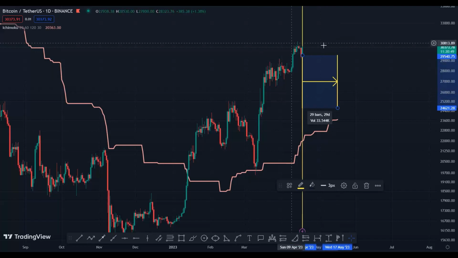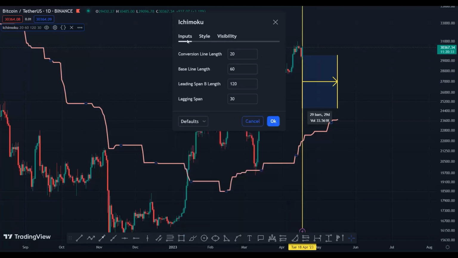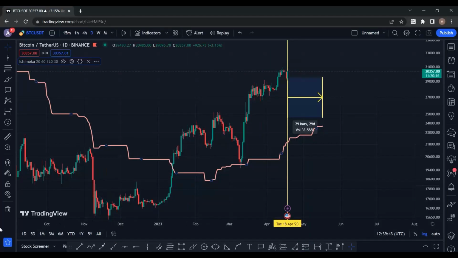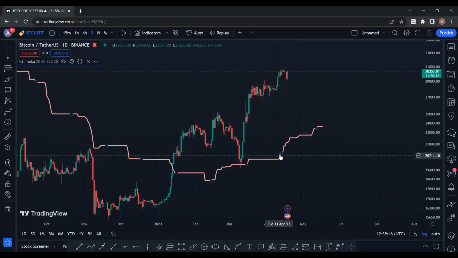Note that TradingView doesn't count the first candle, so this is 30 candles. The Senkou span B is plotted 30 candles ahead of the current price. Why 30 candles? Because if we go into the inputs, you will see this number here. It's calculated based on previous data, but predicts the future movement of the price. So as long as it is below the current price, it acts as a support.